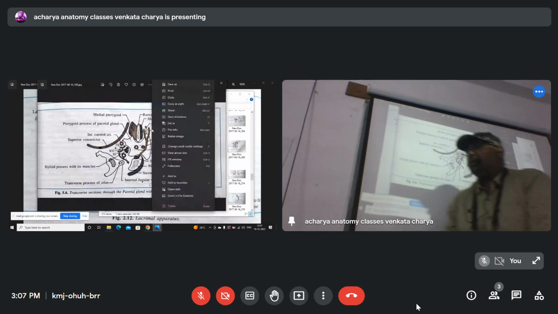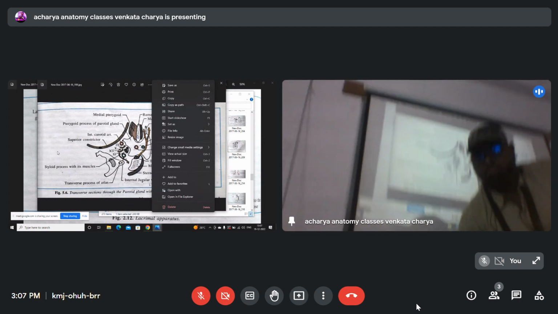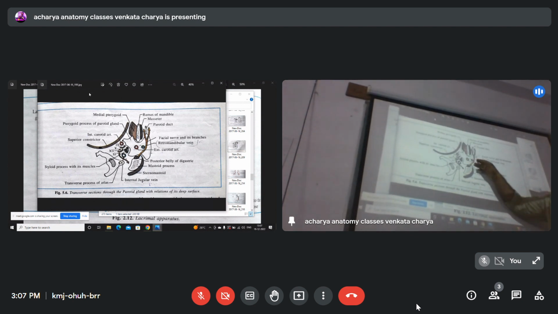See here, this surface is the superficial surface, and this one is the anteromedial surface. Next, posteromedial surface. Three surfaces: superficial surface, anteromedial surface, posteromedial surface.